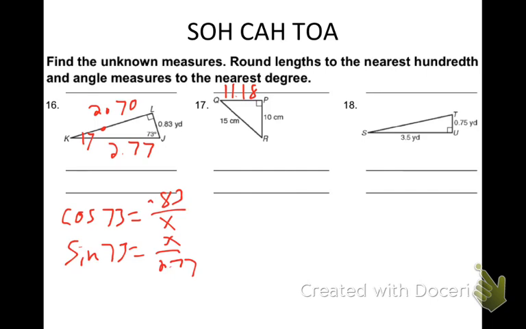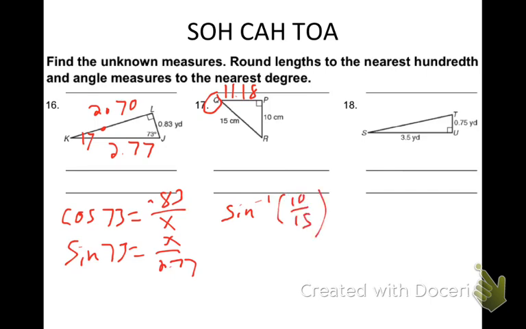Now I have to use one of my trig inverse functions to find an angle. How did you find an angle, Martina? Give me an angle. Which one do you want to find? Okay, what trig function do you want to use for Q? Sine. Okay, so I'm going to use sine inverse. Anytime we have angles, we use sine inverse.